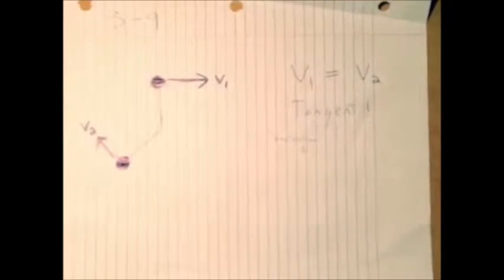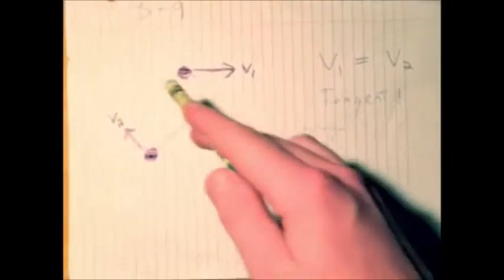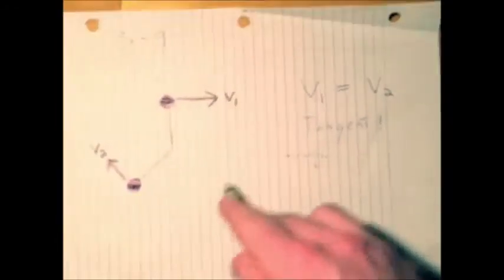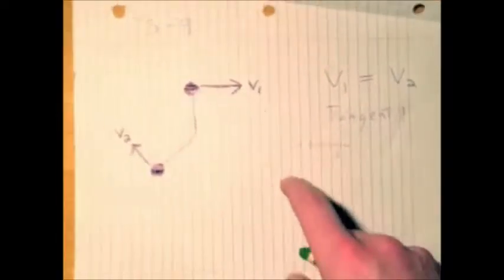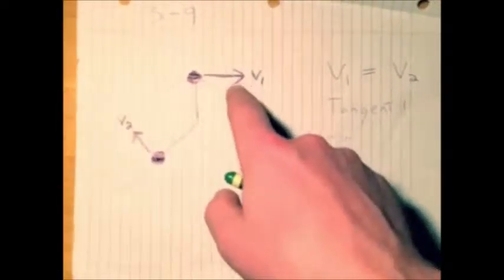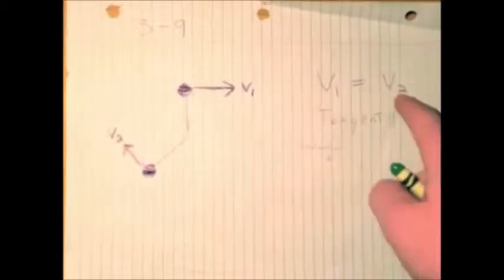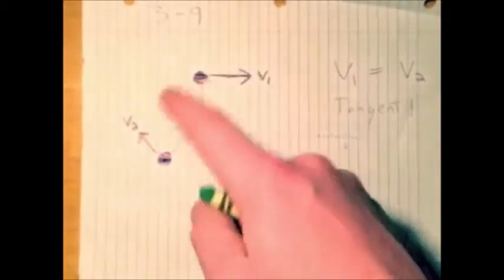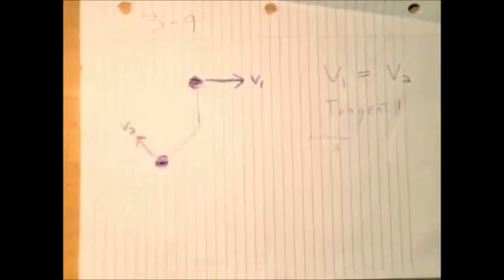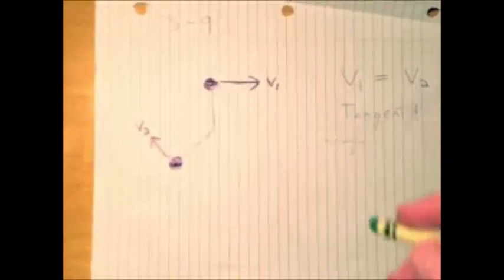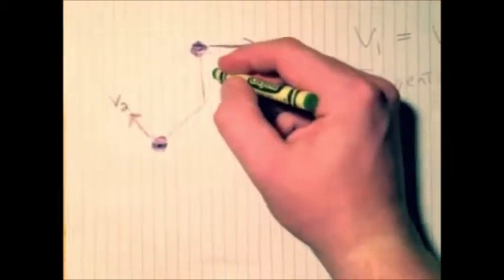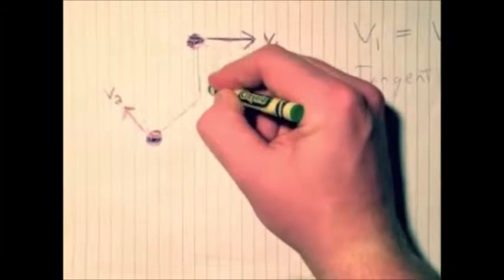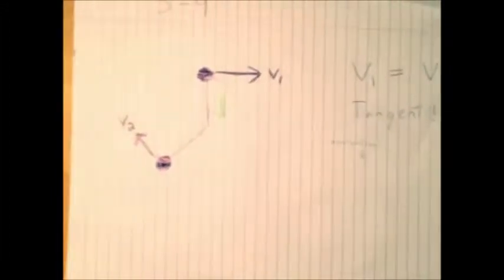So in uniform circular motion, what you have is an object moving around in a uniform circle. It travels at a constant speed, v1 equals v2, and the velocity is always tangent to the circle. However, there is acceleration, and the acceleration is always inward into the circle.